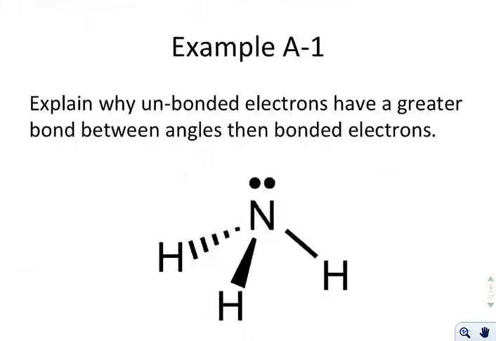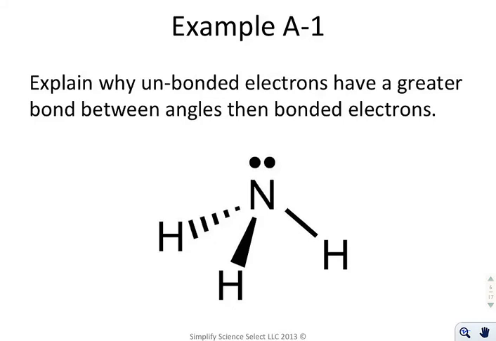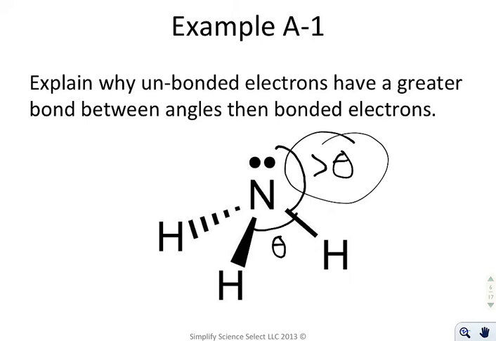Now, example A1 says, explain why unbonded electrons have a greater effect on bond angles than bonded electrons. So what it's saying is, this right here has a greater bond angle than this right here. Okay, why is this greater? If you think about it in terms of Coulomb's law, you have these electrons that want to get as far away from each other as possible.